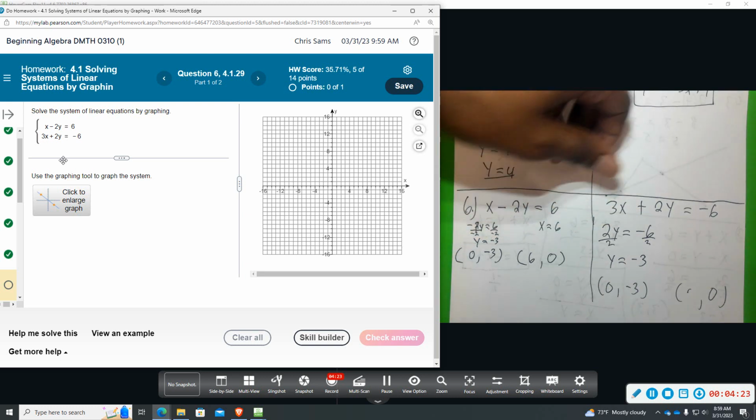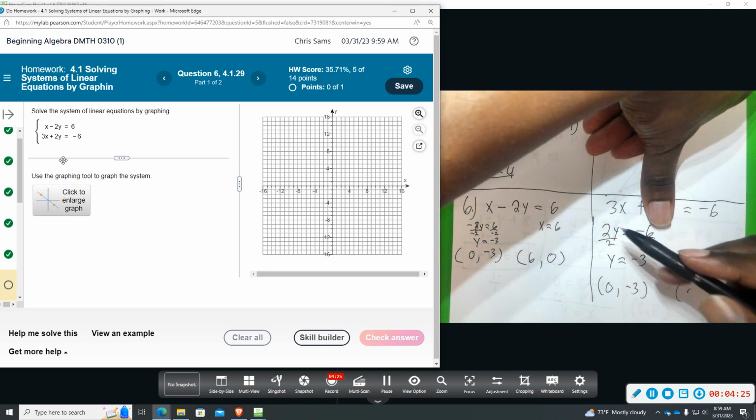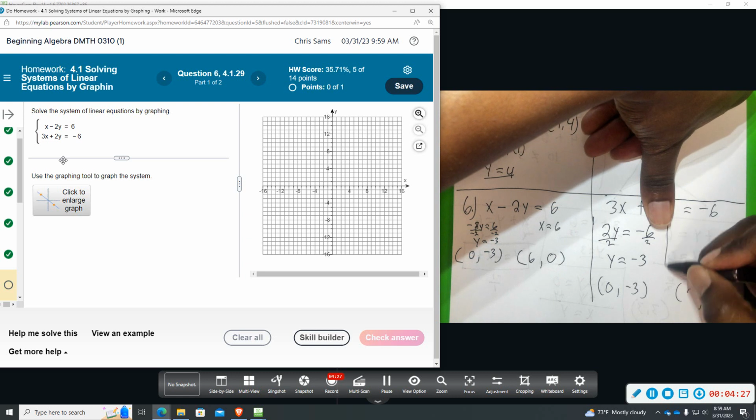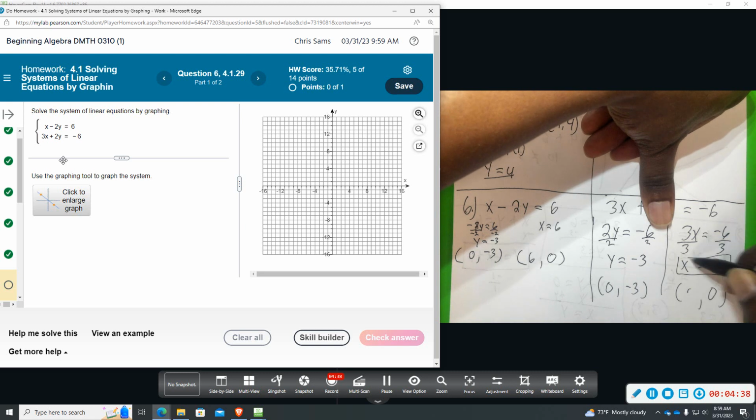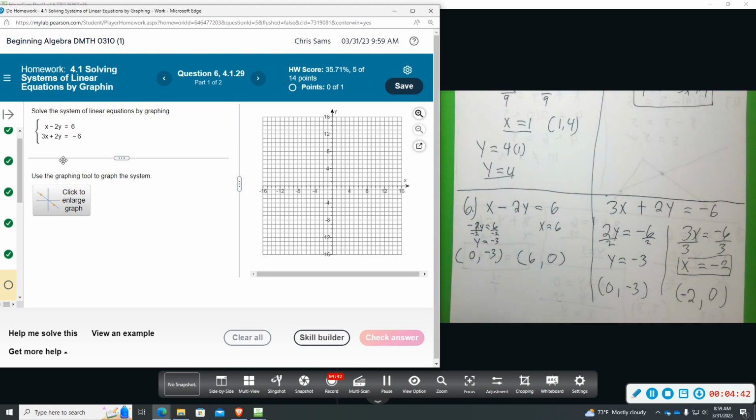And then I'm going to plug a 0 for y, and I get 3x equals -6. And then I'm going to divide by 3, and we get x equals -2. So I'm going to plot these two ordered pairs for each line.